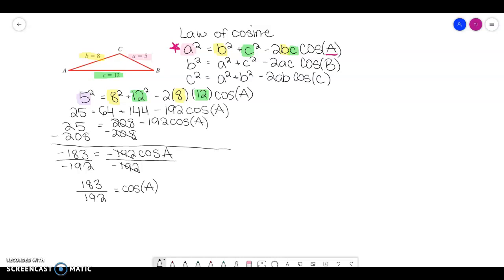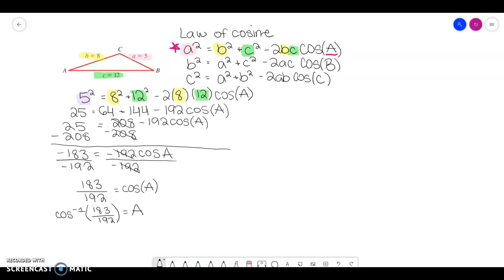We've just got to get A by itself now. Remember, to get rid of cosine, we can take the inverse cosine of both sides. So I'm going to take my inverse cosine of 183 over 192, and that's going to leave me with my angle A.